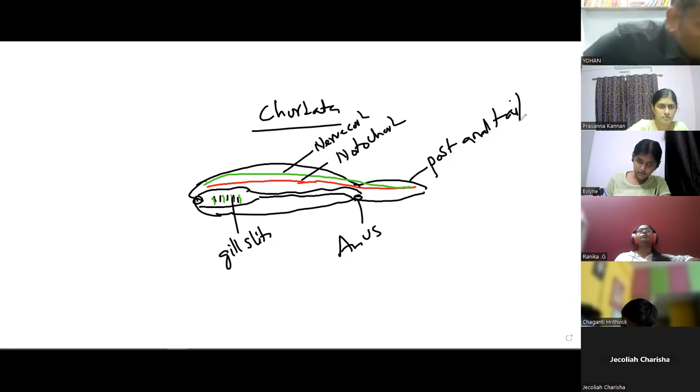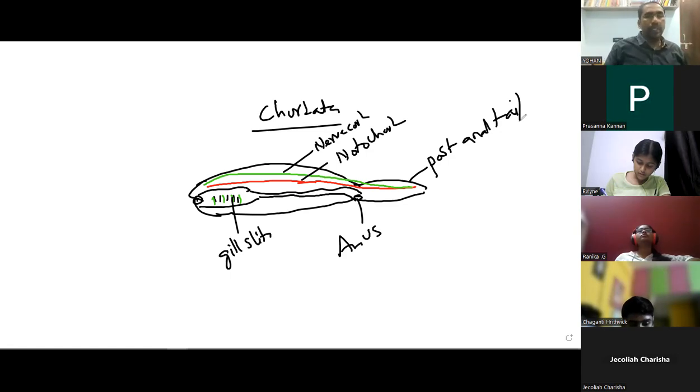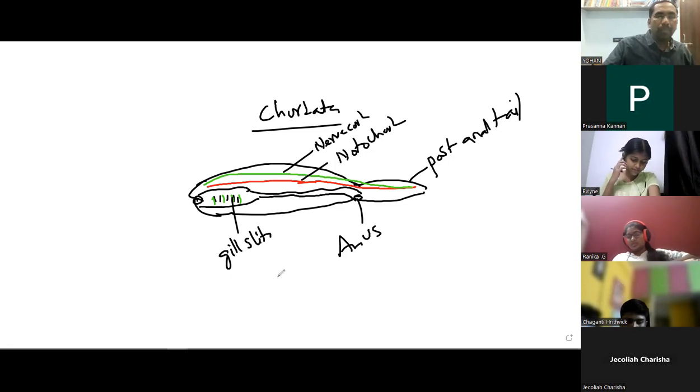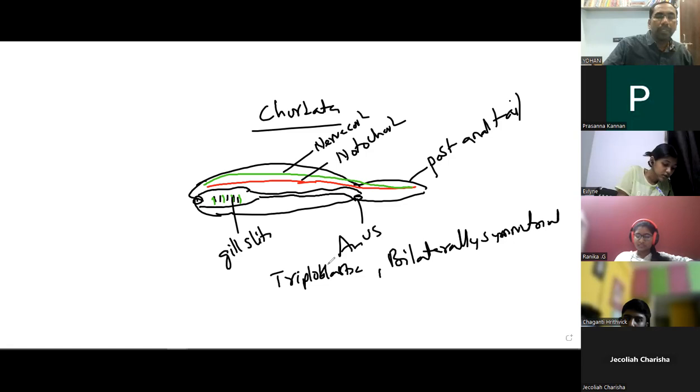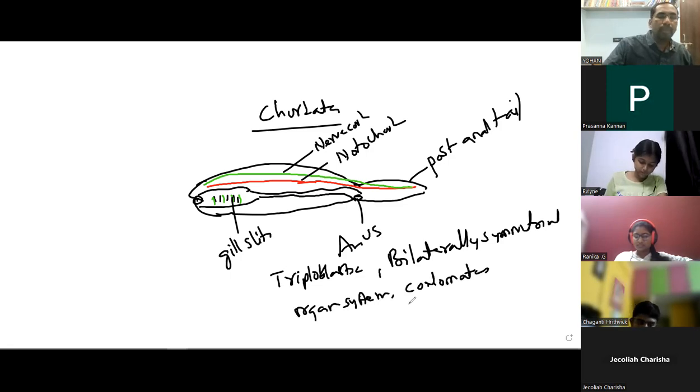Besides, what are the other characters present in chordates? Same as before: triploblastic, bilaterally symmetrical, organ system, coelomates. So like in non-chordata, every time there is no need to repeat these points.